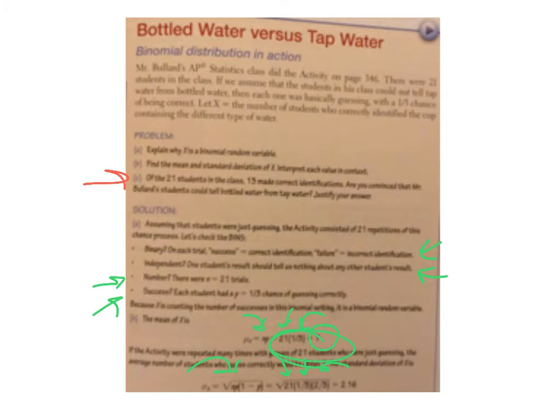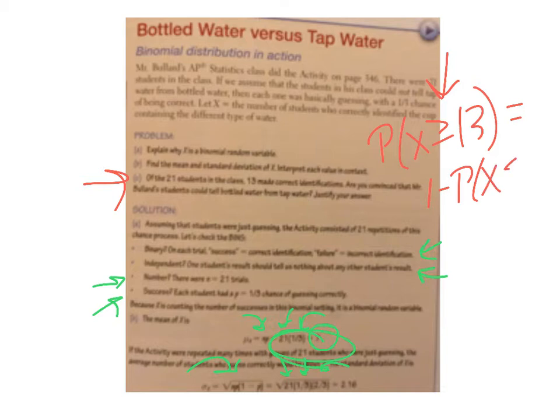Let's justify my answer. What I'm looking for here is the probability that x is greater than or equal to 13. Remember, my calculator doesn't do greater than, so it's the same as 1 minus the probability that x is less than or equal to 12.